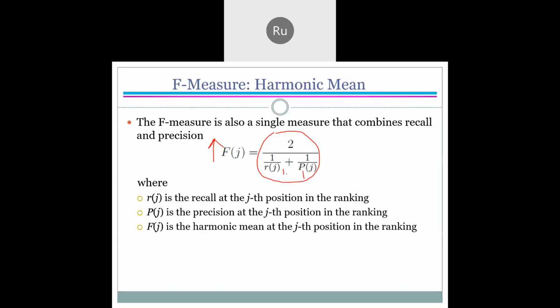If both are 1, you will get 1. So this F measure combines those two, recall and precision. If you get the maximum value for the F measure, that means you have a better retrieval system. In the reading, they use this F1 score in order to measure the quality of the retrieval system.